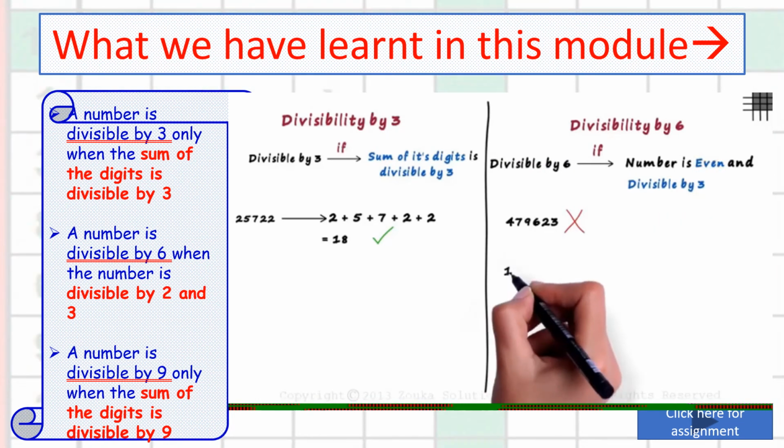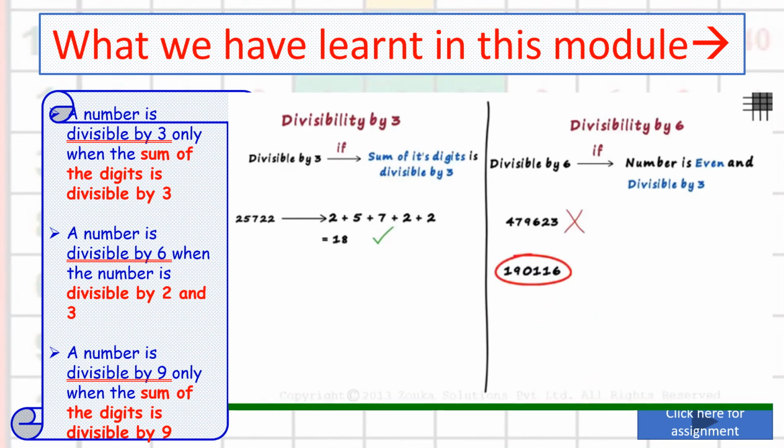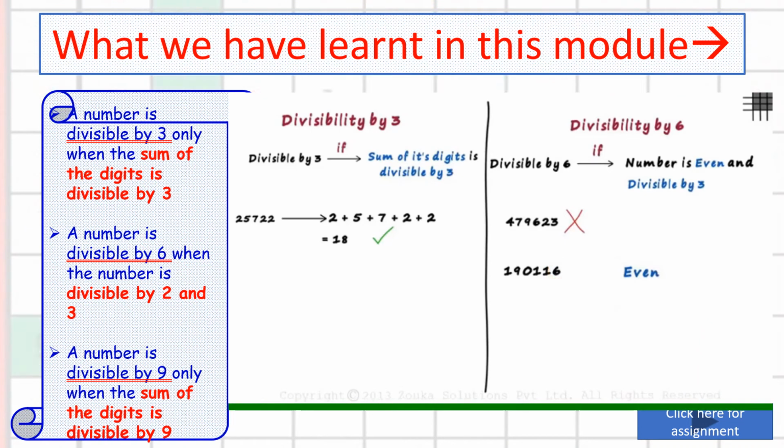Consider 190,116. This number is divisible by 2 as the last digit is divisible by 2. Hence, it's even. The first condition is satisfied. Now we check for the second condition. We check if it is divisible by 3. A number is divisible by 3 if the sum of its digits is divisible by 3.